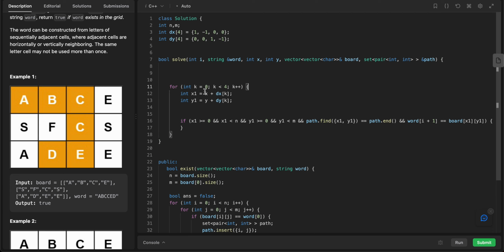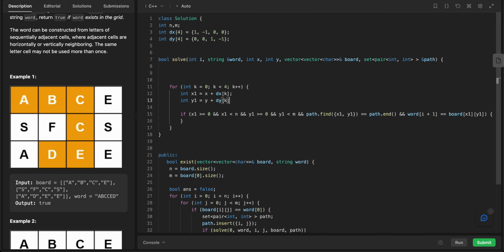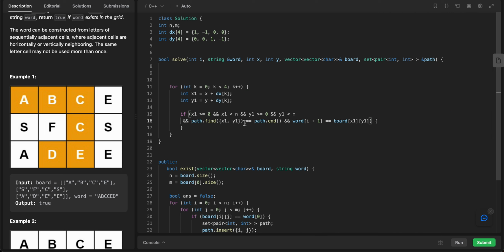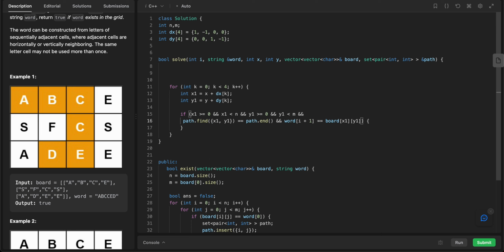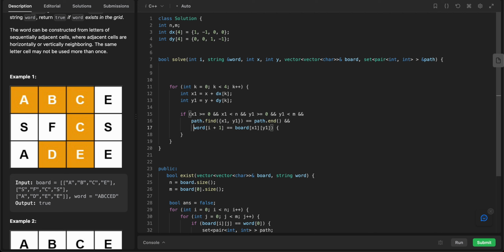K equal to 0 to 4, x1 y1, x1 greater than or equal to 0 and path dot find is path dot end, and this happens.